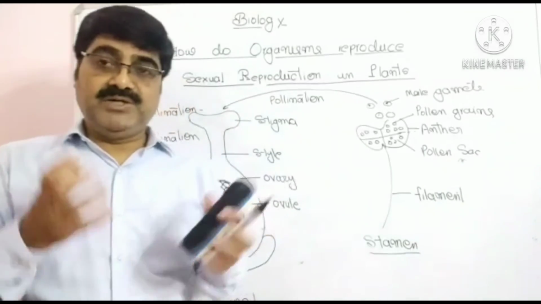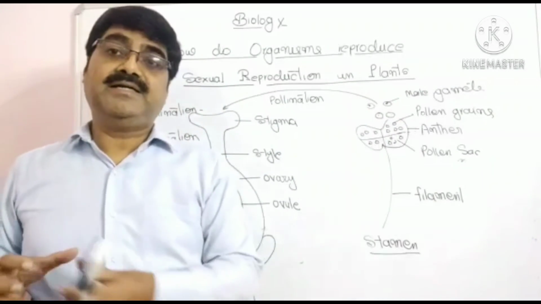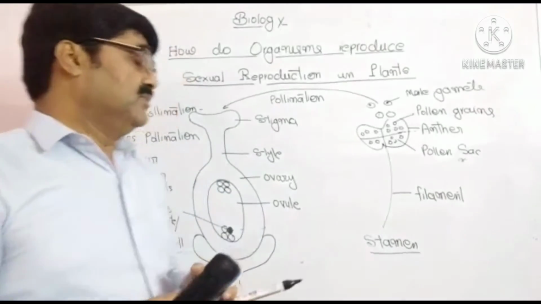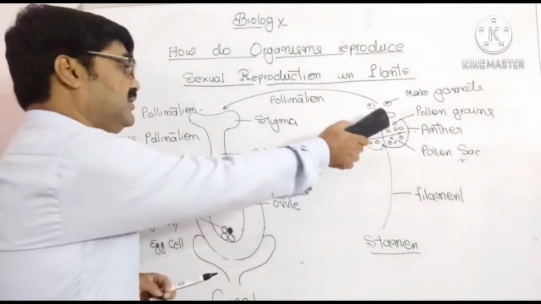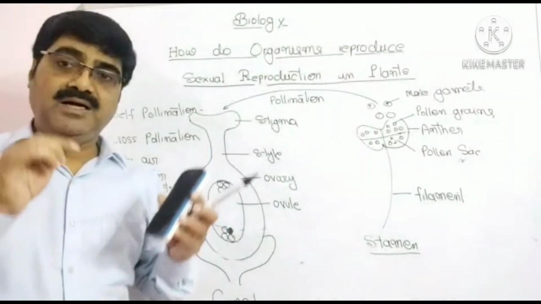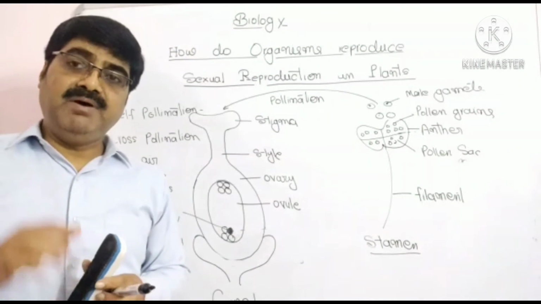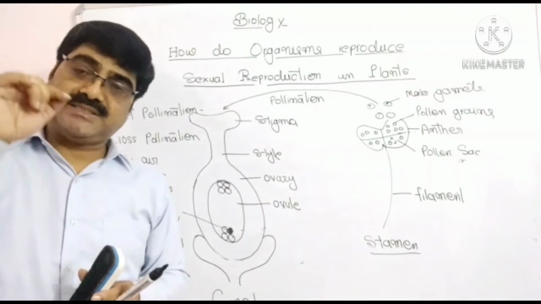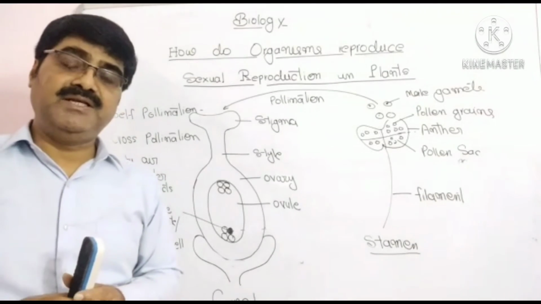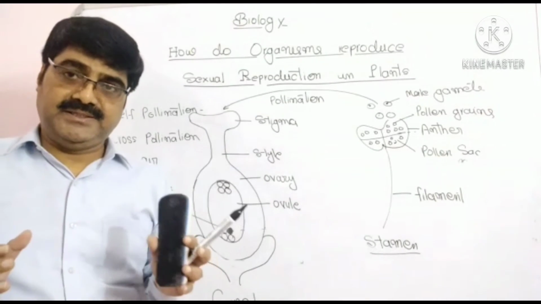They have beautiful petals so that they can attract the insects for pollination. So in this way, after pollination, the pollen grains reach the stigma of the same or another flower of the same species. In this way, this process of pollination is completed.